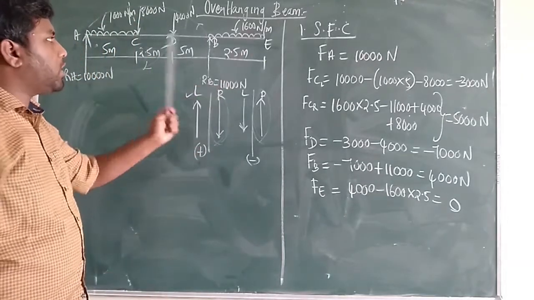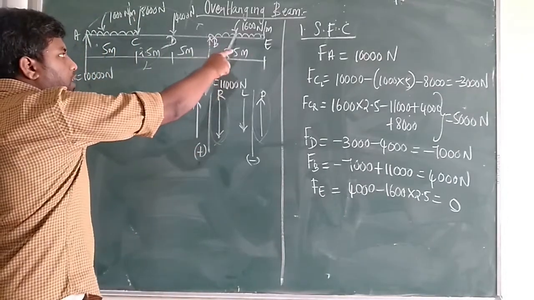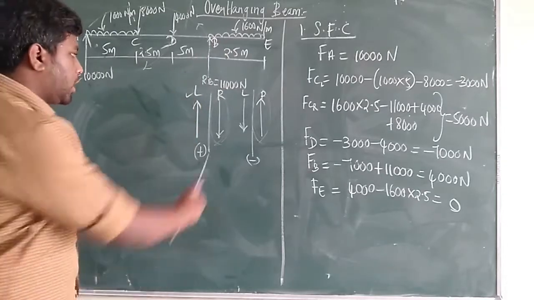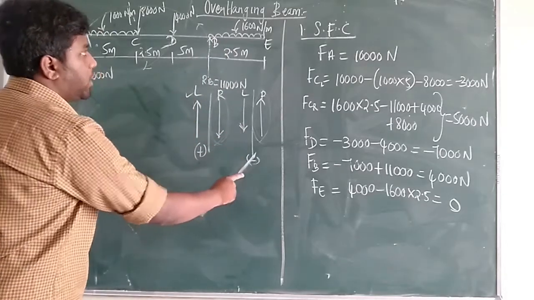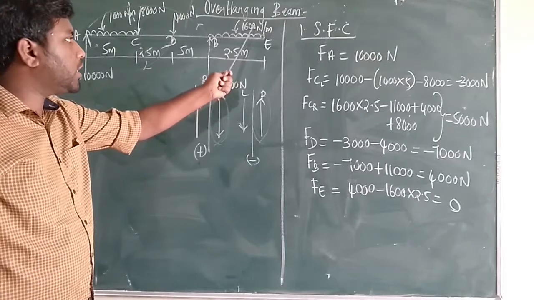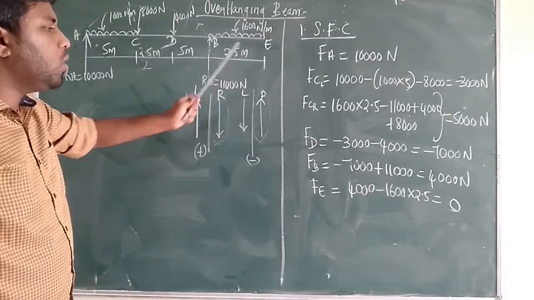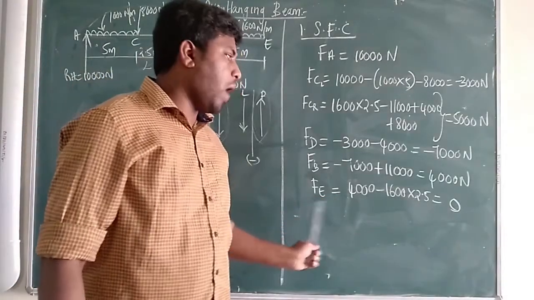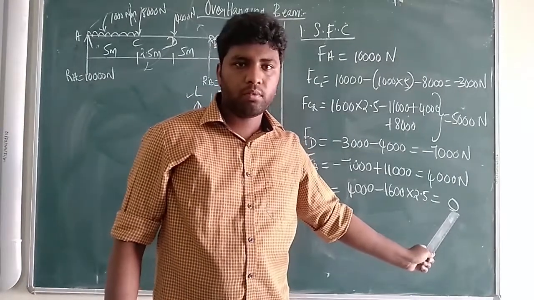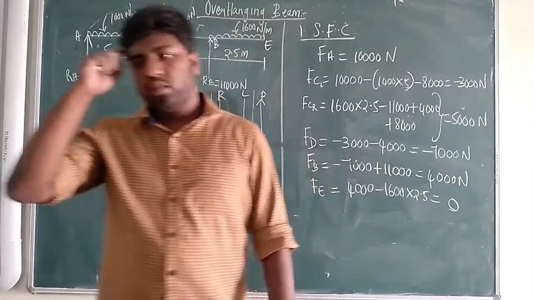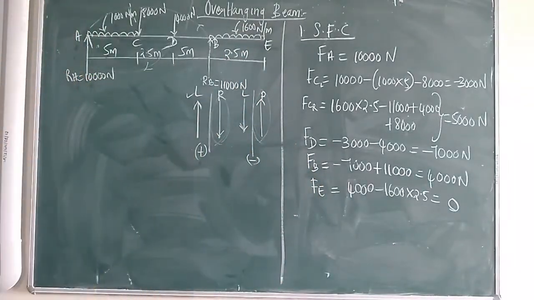From the left of the section, this is acting in a downward direction, which means negative. So minus 1,600 into 2.5, load into distance, because it is a UDL. So your value will be 0. You understand? This is how you calculate your shear force.